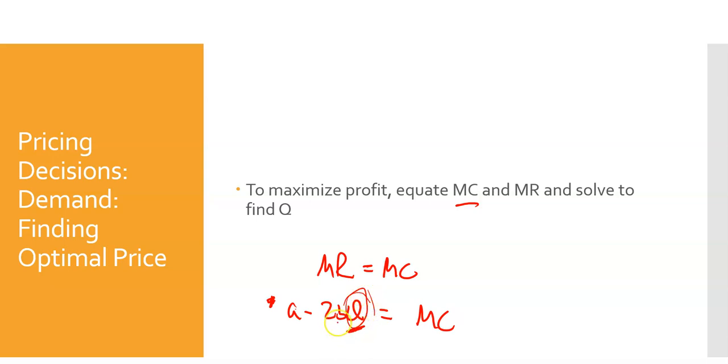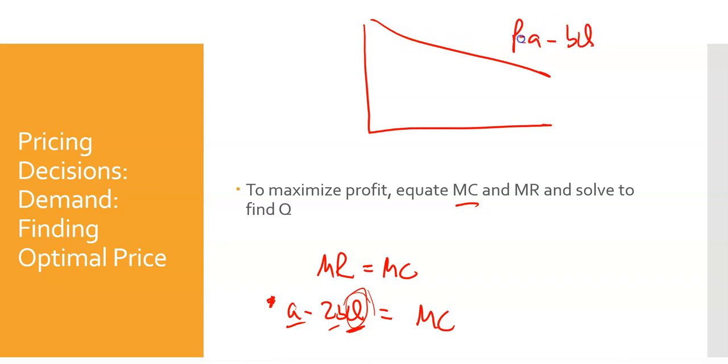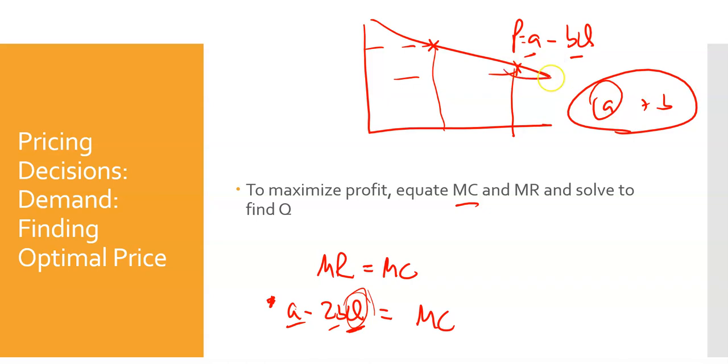Now here's the thing, I need to find A and B, and I find A and B from my price curve. My price curve, P is always equal to A minus BQ, will have 2 points on it which I can use to find my A and B. So ultimately, the technique is that my first task is to find A and B from my price curve.